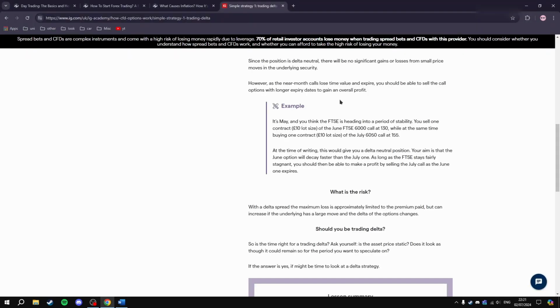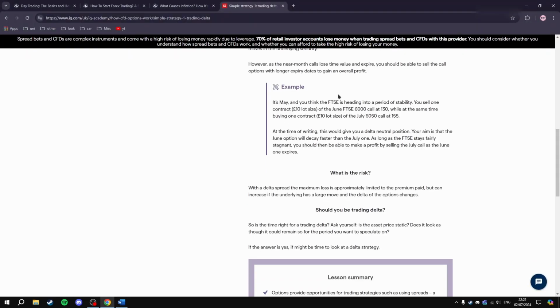However, as the near month calls lose time value and expire, you should be able to sell the call option of the longer expiry dates to gain overall profits. Where's the premium? Have they factored in the premium?